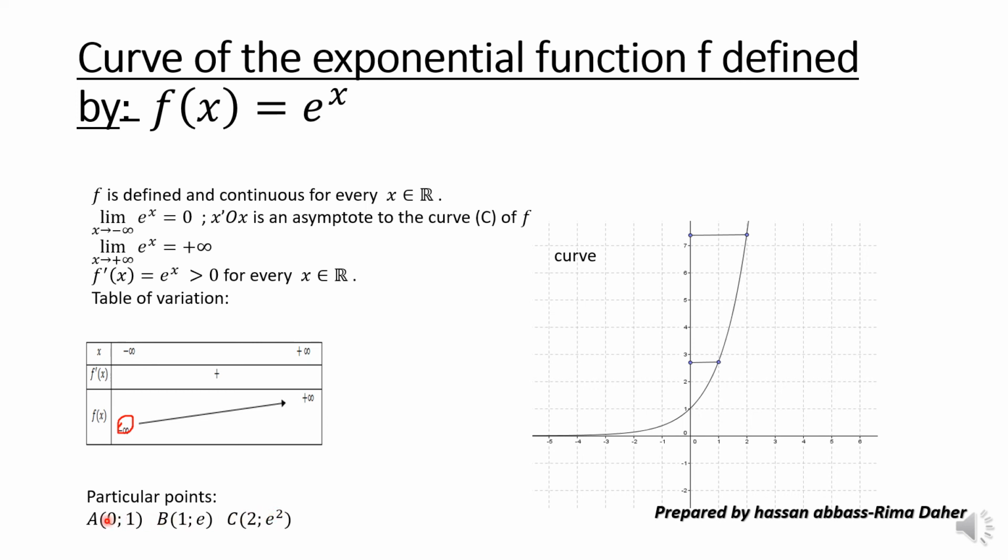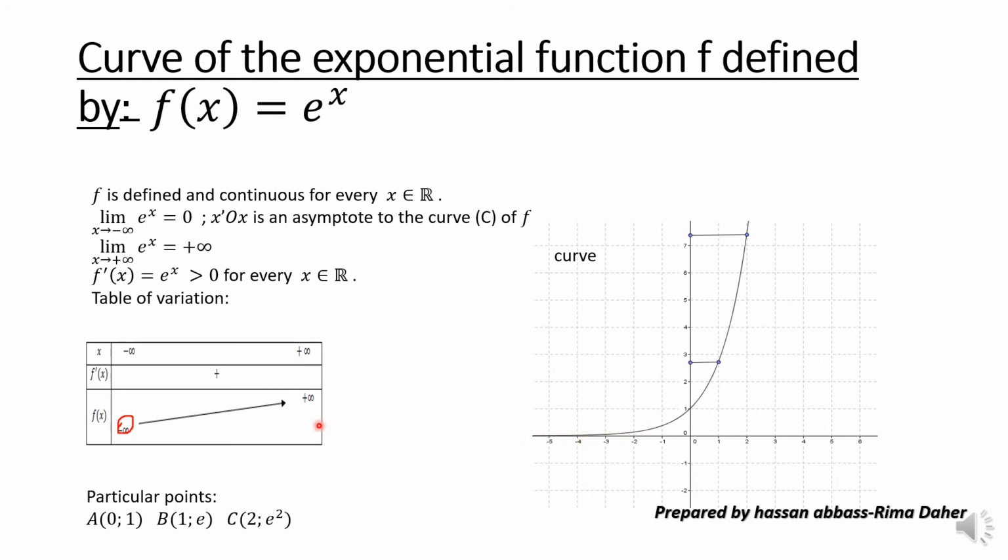Then we get the 3 points A, B, C on the curve of the exponential. Now A will be (0, 1), B is (1, e), C is (2, e power 2). And we must not forget that the x-axis is the asymptote of the curve C.